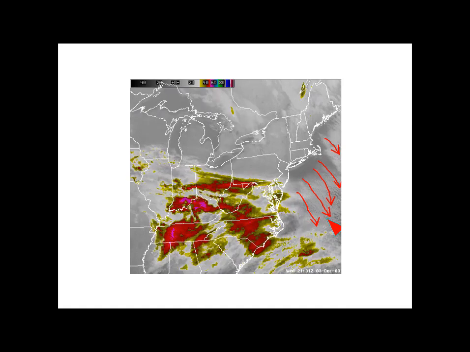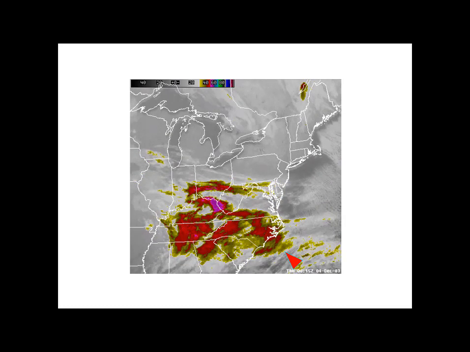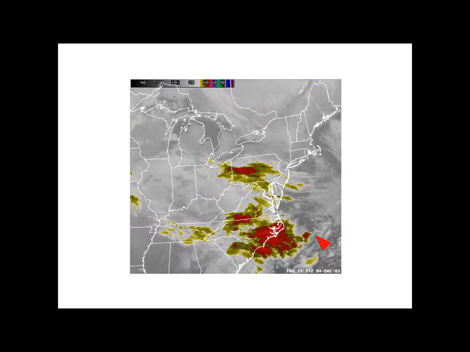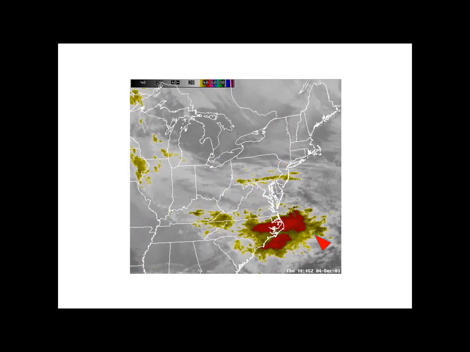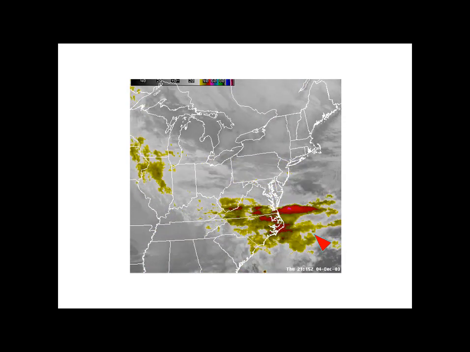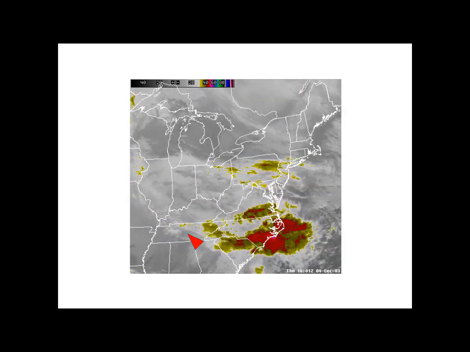And as we go forward in time, as this coastal low starts to take shape here, notice those low-level clouds in this sector down here turn around from moving towards the southeast and actually start to move towards the northwest. And I'll go back and forth a couple times so you can see that pretty well.